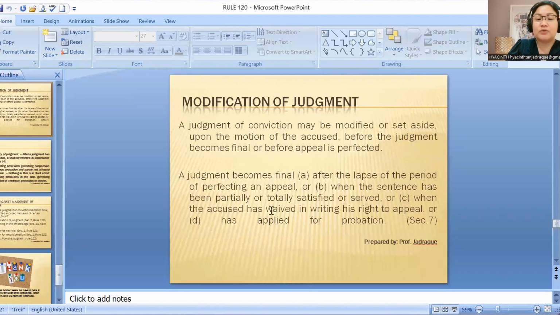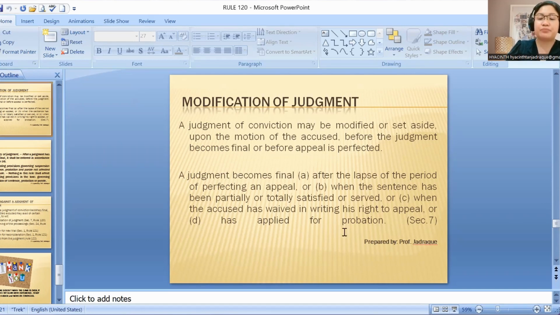Next, when the accused has waived in writing his right to appeal. In other words, you submitted before the court after the promulgation that you waive your right to appeal, that you are not appealing your conviction. With that manifestation of yours, then judgment is considered to be final.